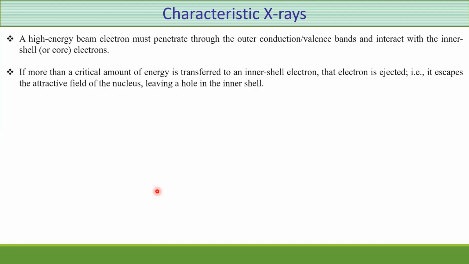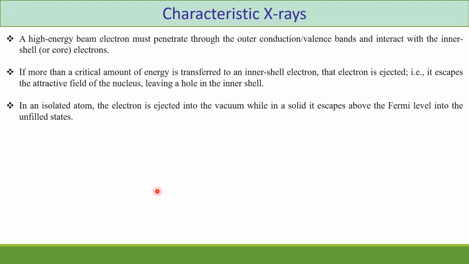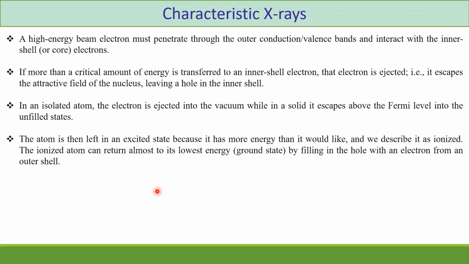That is, it escapes the attractive field of the nucleus, leaving a hole in the inner shell. In an isolated atom, the electron is ejected into vacuum, while in a solid, it escapes above the Fermi level into the unfilled states. The atom is then left in an excited state because it has more energy than it would like, and we describe it as ionized.